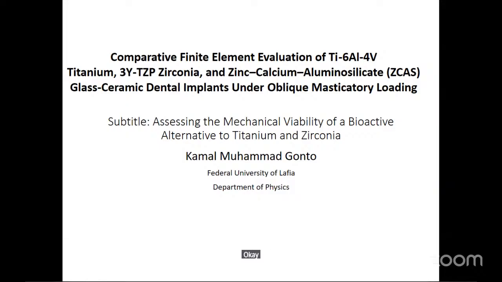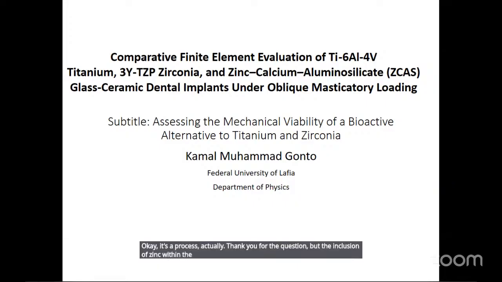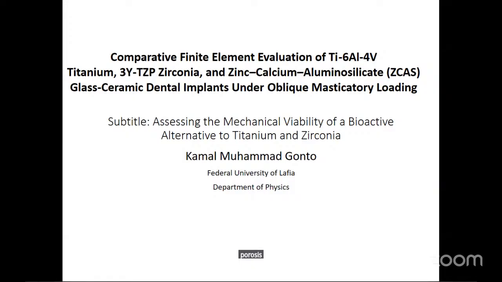Okay, it's a process actually. Thank you for the question, but the inclusion of zinc within the matrix of the glass is what we think will bring more. Because if you take titanium, for instance, titanium is a metal, and it has corrosive properties, and because of how stiff titanium is, it is stiffer than human bone.